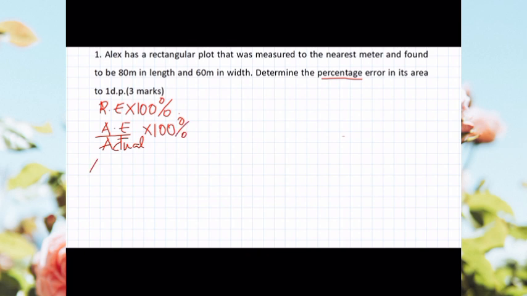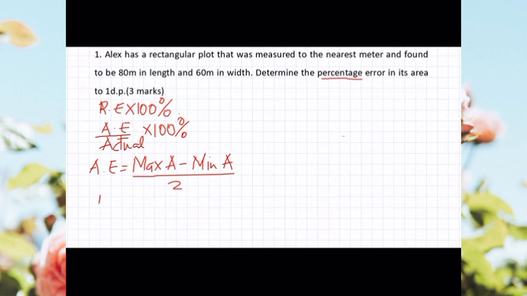For us to be able to get the absolute error, we need to get the maximum area and then take away the minimum area, and then we divide by 2. So our task here is first of all to get the maximum area and the minimum area.